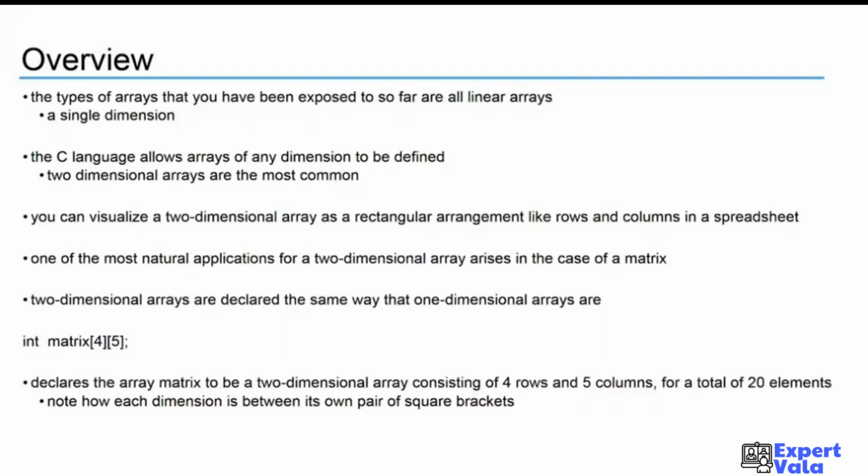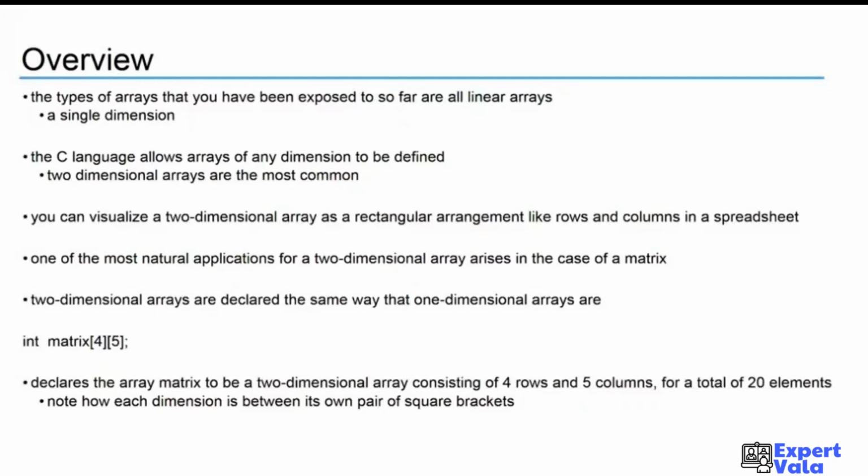You should know how each dimension is specified with its own pair of square brackets. That's how you can easily spot how many dimensions an array has. If you had 3 brackets there, that would be a three-dimensional array. If you have 4, it would be 4. This one has 2, so it's 2. And up until the earlier lectures we only had 1, so we knew that was a single dimension.